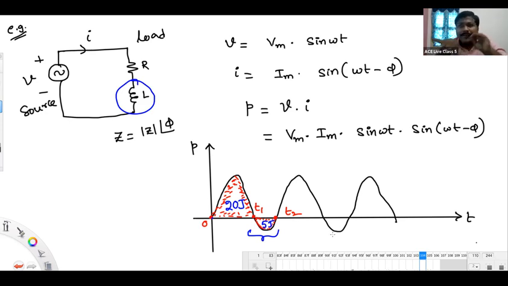Opposite way means if inductor is absorbing, capacitor will deliver. If inductor is delivering, capacitor will absorb. That opposite way we have to think now. All of you getting? So as a convention, practically speaking in the energy domain, both are continuously storing the energy and releasing the energy back. That's okay. But as a convention for the analysis further, I will be sticking to a statement that inductor is absorbing the reactive power and capacitor is delivering the reactive power.